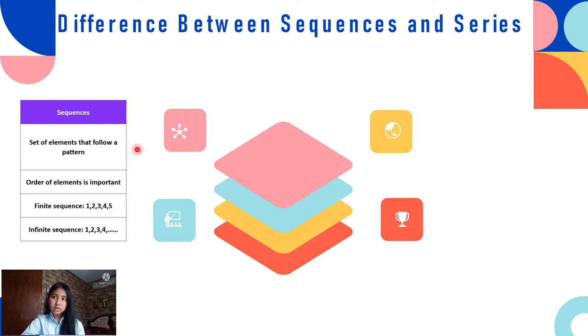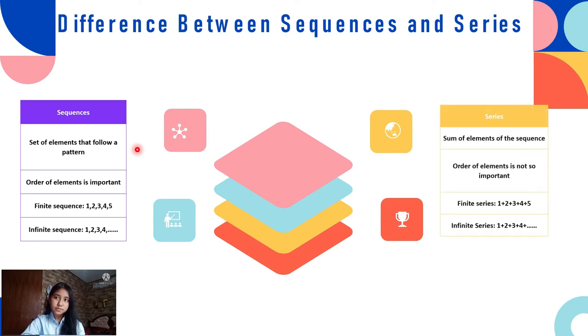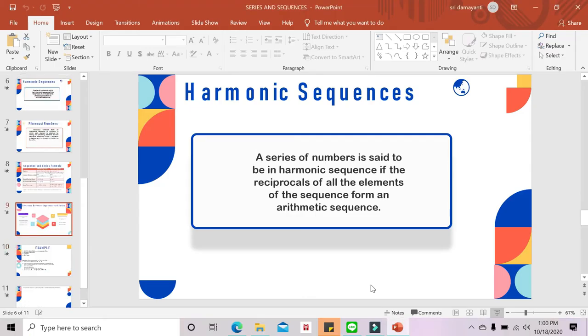A finite sequence is 1, 2, 3, 4, 5, and a finite series is 1 plus 2 plus 3 plus 4 plus 5. An infinite sequence is 1, 2, 3, 4, and so on, and an infinite series is 1 plus 2 plus 3 plus 4, and so on.